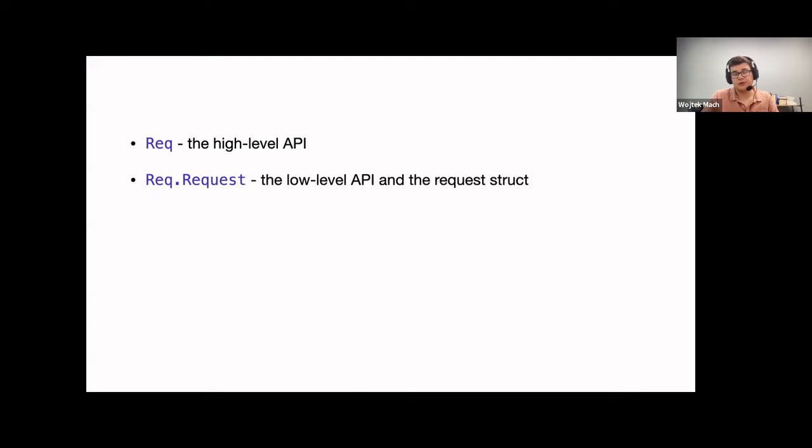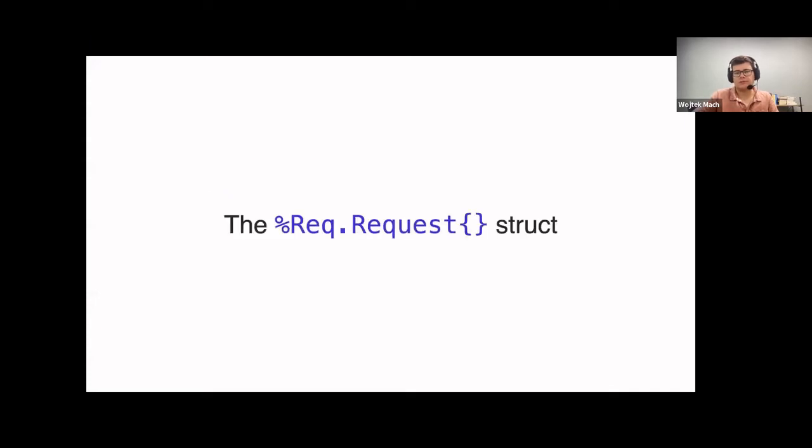We have the ReqA request module. This is the lower-level API, the API that you would use to write your own steps. This is the API that was used to write all of the built-in steps. And this module also contains the request struct. And finally, we have the ReqA steps module, which is just the collection of the built-in steps.